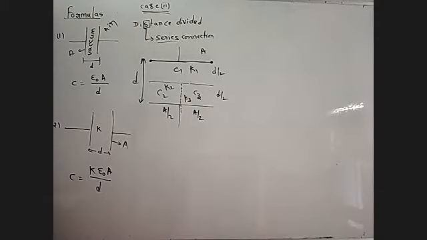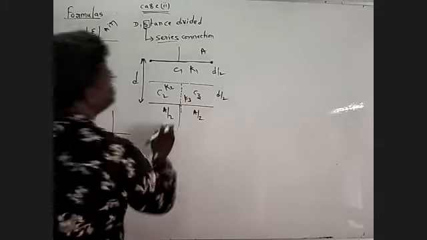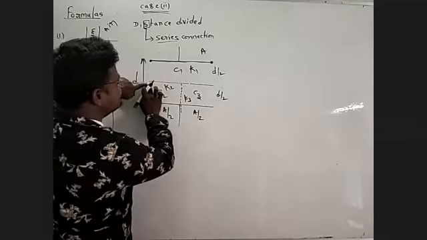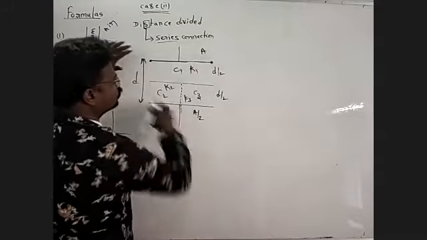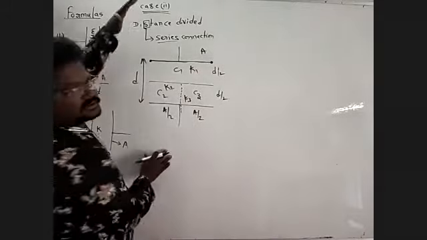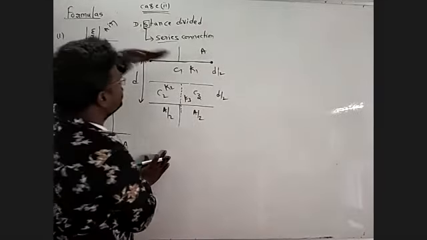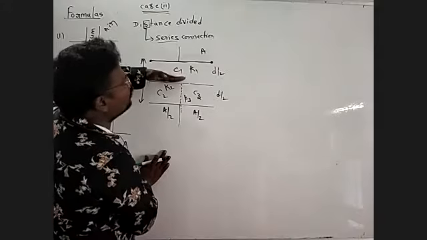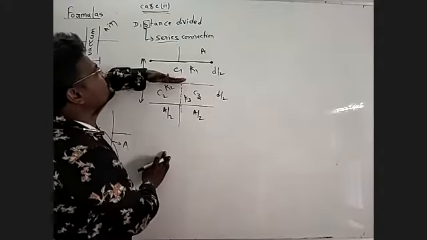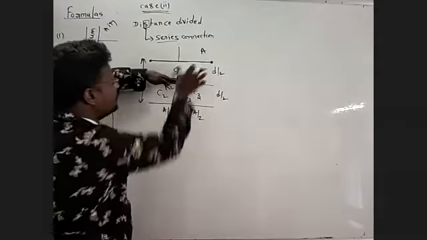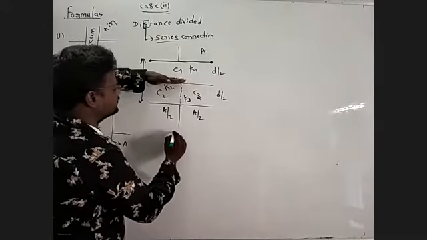We are going to write the result directly. First, the distance is divided into two parts, which means C1 and the C2, C3 combination are in series connection.